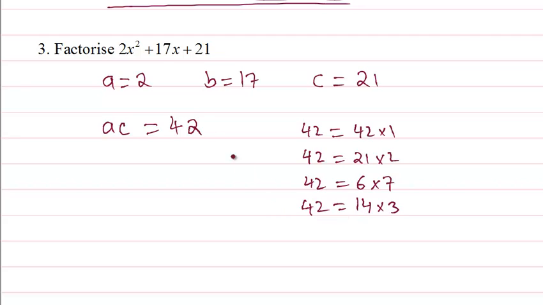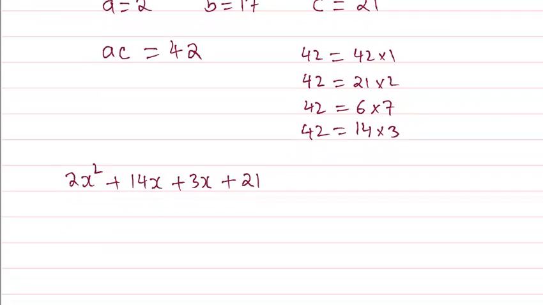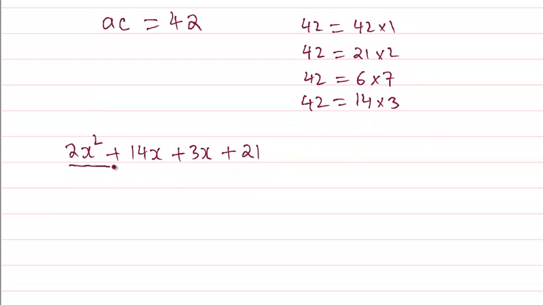So therefore, instead of 17, we're going to use two numbers, 14 and 3. So here we write 2x squared plus 14x plus 3x, then plus 21. Then we factorize the first two terms. Common factor is 2x. So we're left with x, then 7 from the second term.